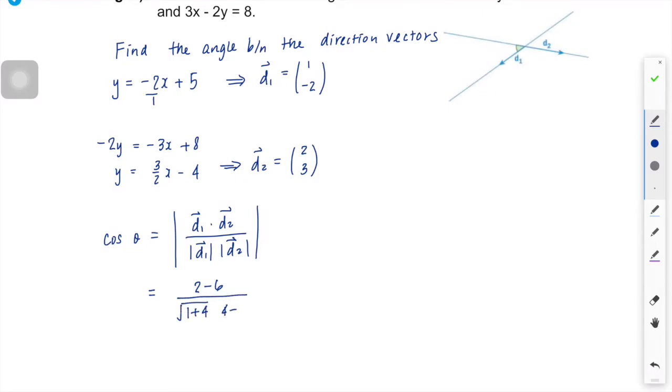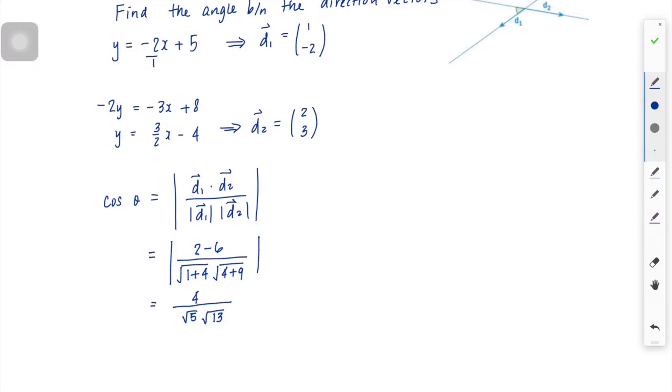The other one's 4 plus 9, square root. This gives me the ratio of 4 over root 5 multiplied by root 13. Finding the inverse cosine of this, using my calculator, I get 60.3 degrees.